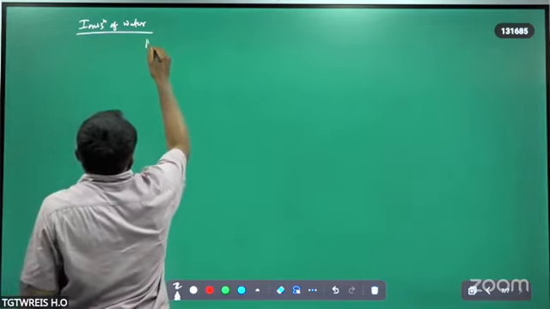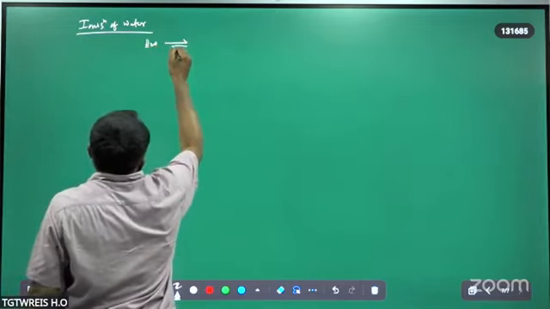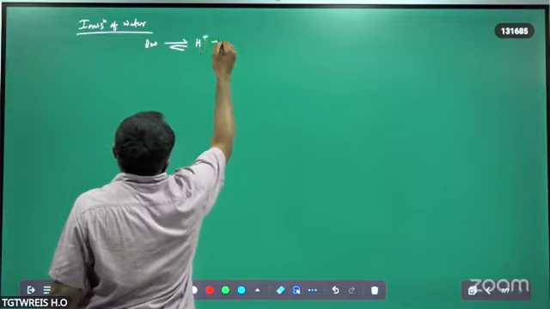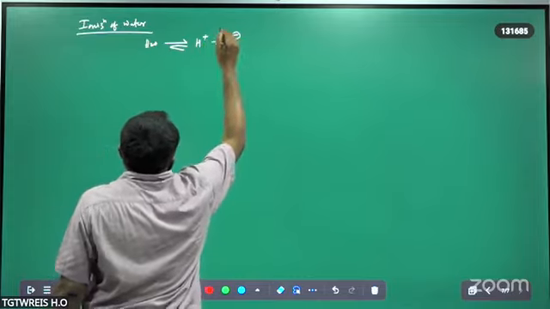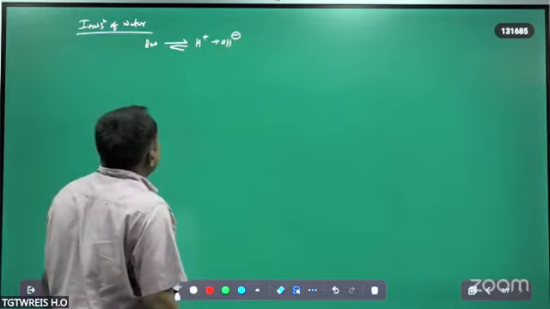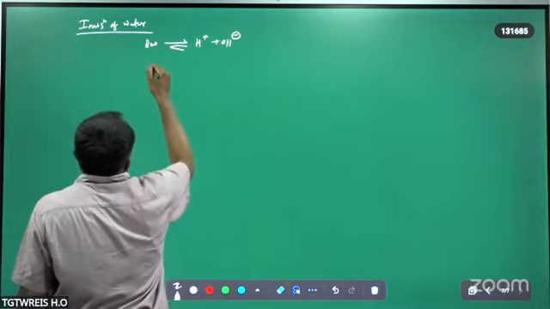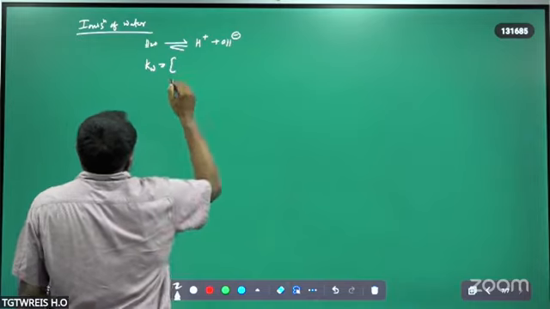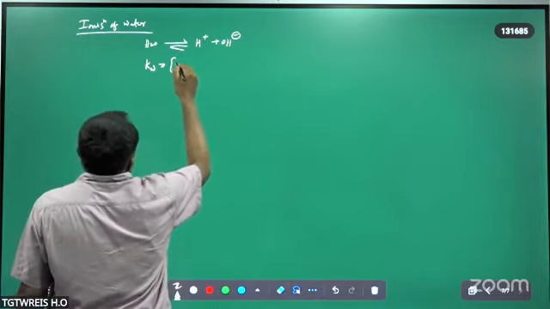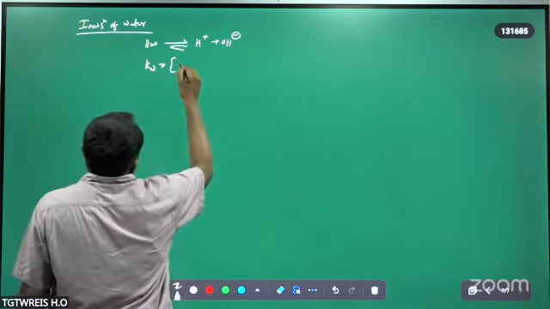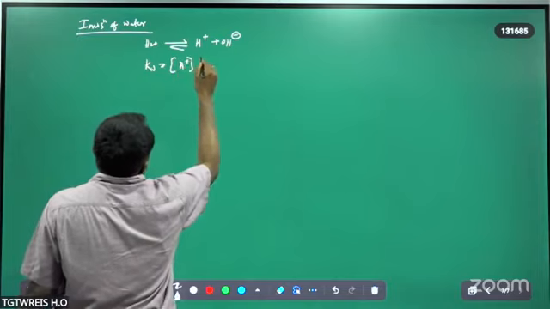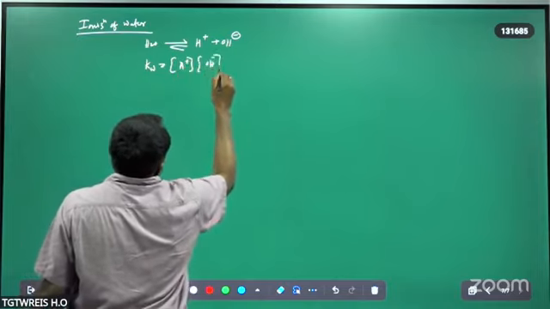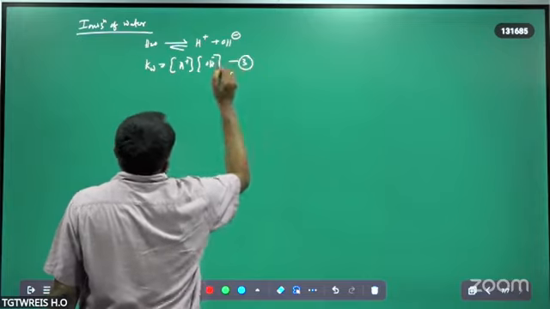So water ionizes into H plus and OH minus. For this, we already know that Kw, the ionic product of water, is equal to [H plus] into [OH minus]. This is equation number 3.